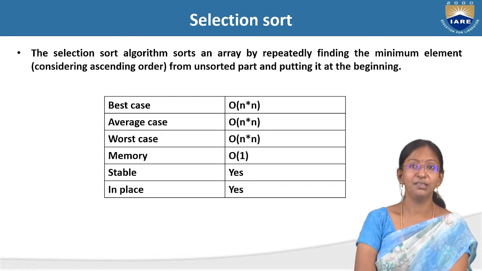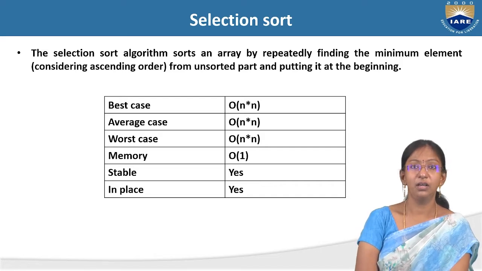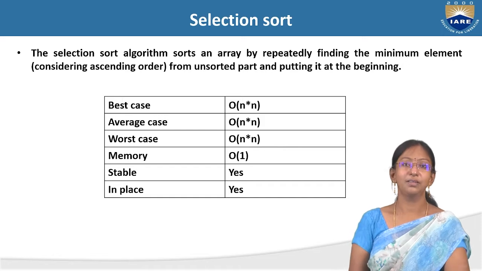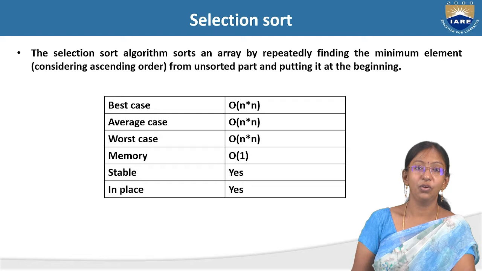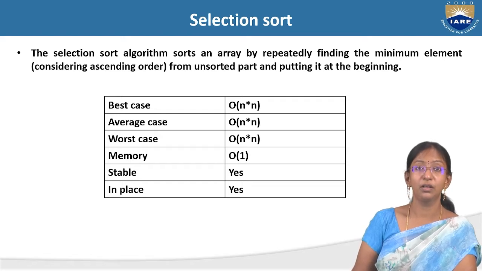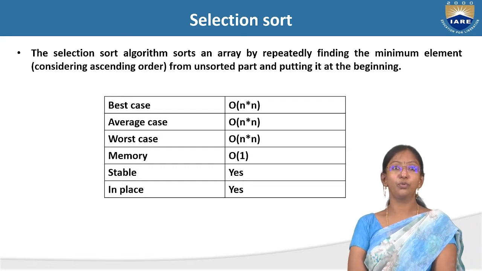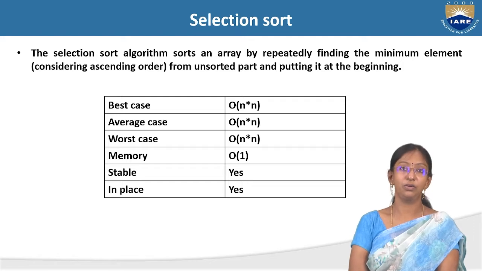So coming to the best, average, and worst cases, the drawback is its complexity. It is very high in time because it uses nested loops, which raises its complexity.